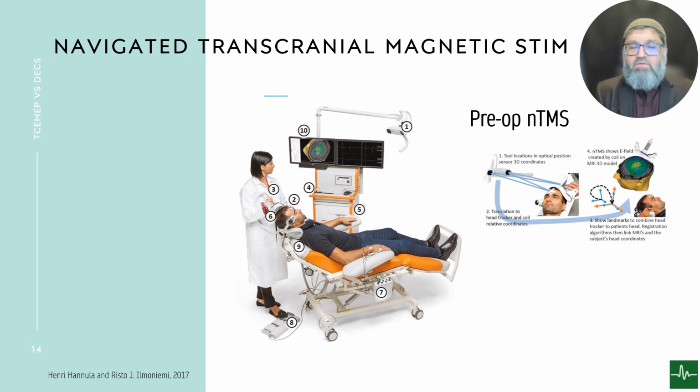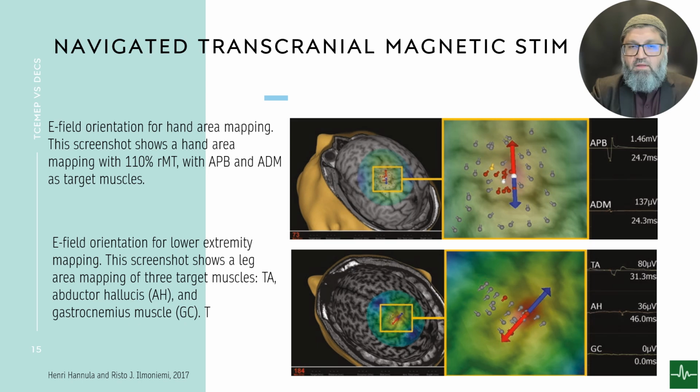Then on the screen, according to navigation, we can see the responses. The screen shows the E-field navigation, which is the electric field created by the stimulation. In the upper picture, we show the responses from APB and ADM, hand muscles, at about 110% of the recommended stimulation.